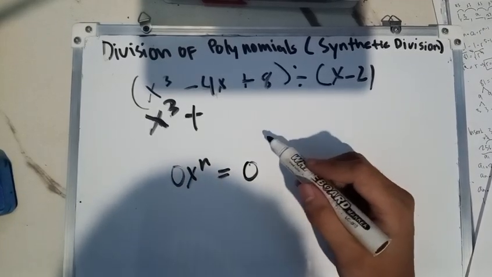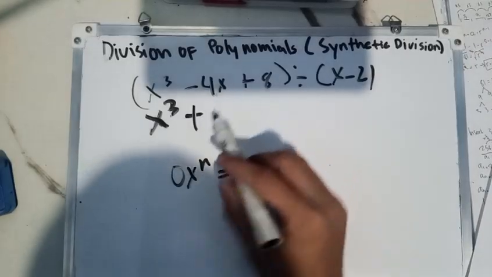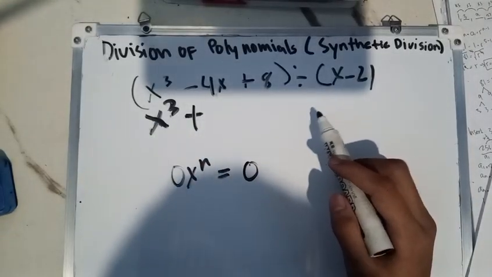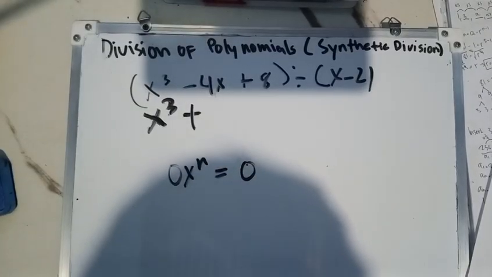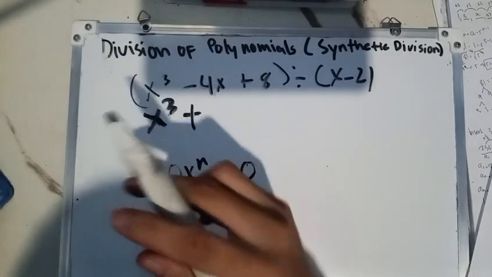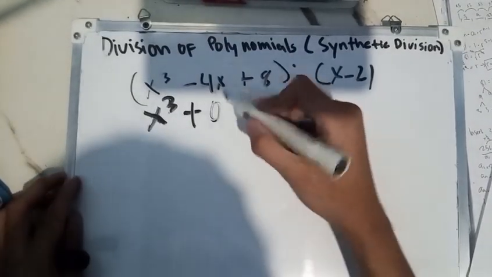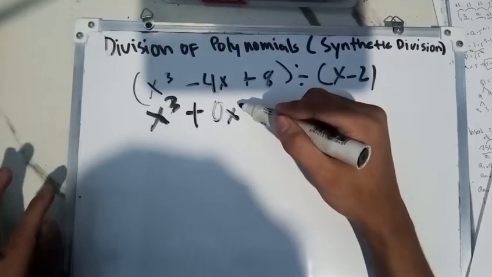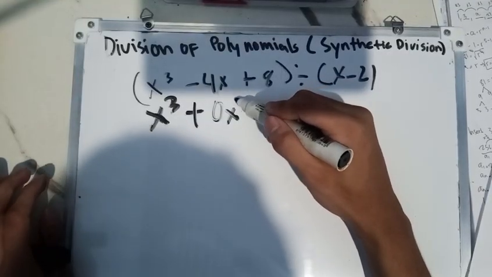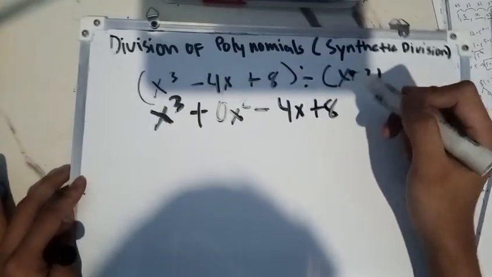It will not affect the polynomial if its coefficient is 0. So we have 0x squared, since we are missing a term with x squared. So x cubed plus 0x squared minus 4x and positive 8.